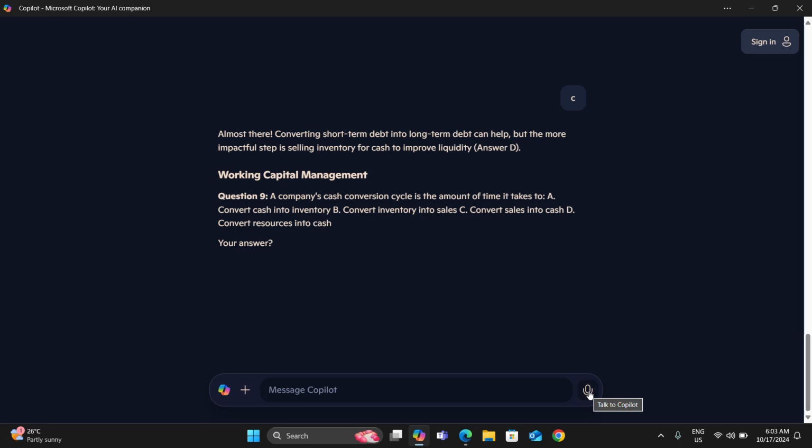So, working capital management. A company's cash conversion cycle is the amount of time it takes to convert cash into inventory. It's not. Convert inventory into sales. It's not. Convert sales into cash. Convert resources into cash. Cash conversion cycle.